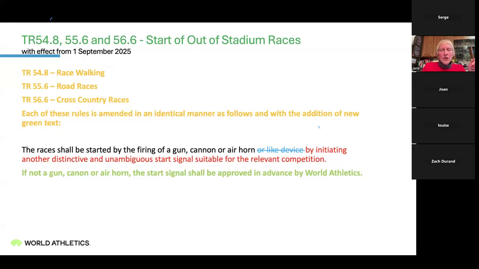The race shall be started by the firing of a gun, cannon, or air horn, or by initiating another distinctive and unambiguous start signal suitable for the relevant competition. If not a gun, cannon, or air horn, the start signal shall be approved in advance by World Athletics, or in the case of your meets, it has to be approved by your governing body.